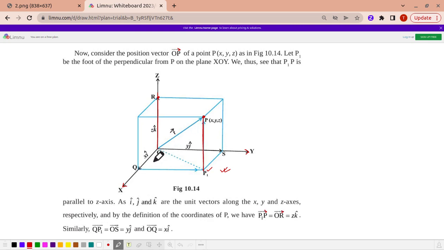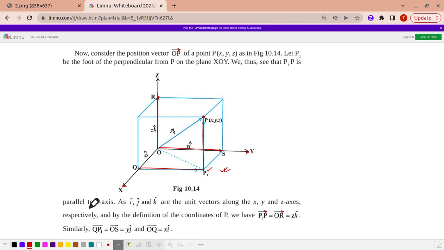In a similar manner, we can show for QP1. What is QP1? If you see this vector, QP1 is exactly equal to OS, which is equal to yj cap. How come? Because the point is at a distance y from the origin along the y axis.